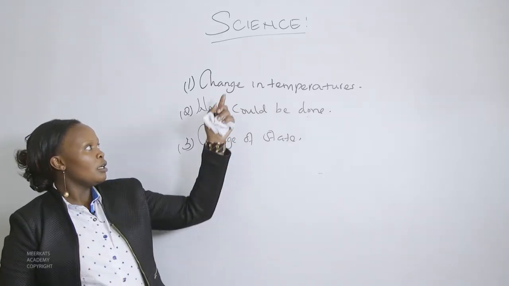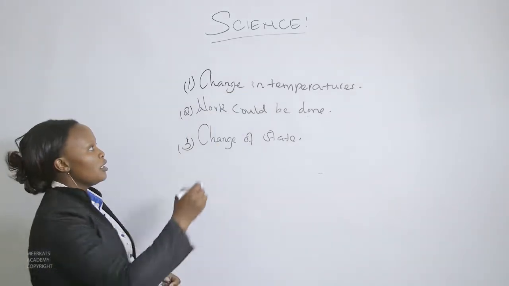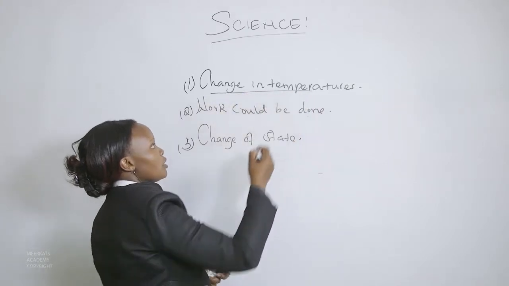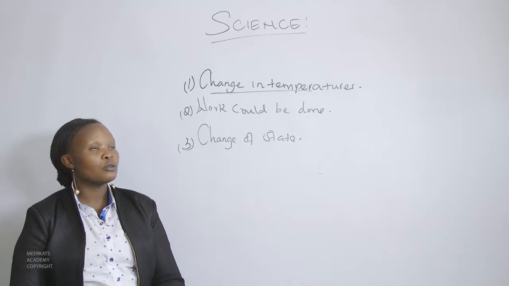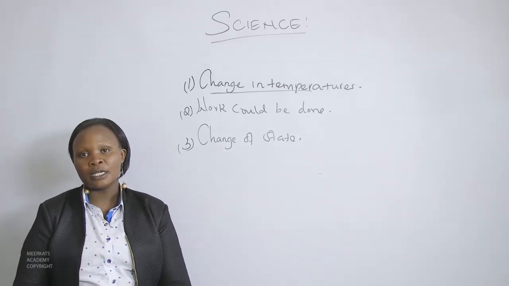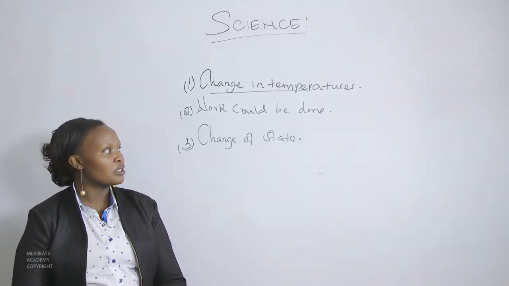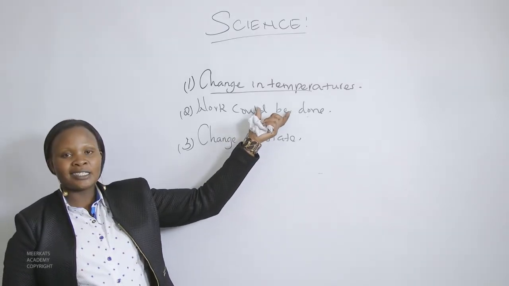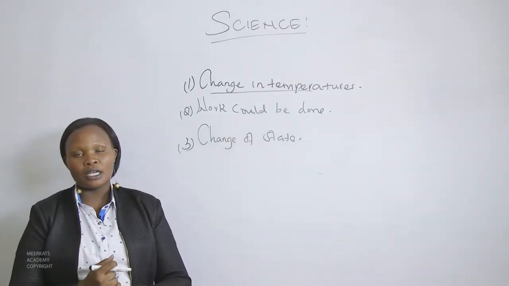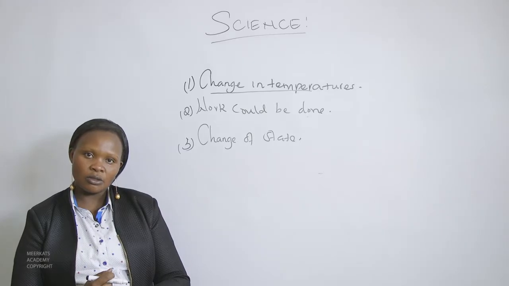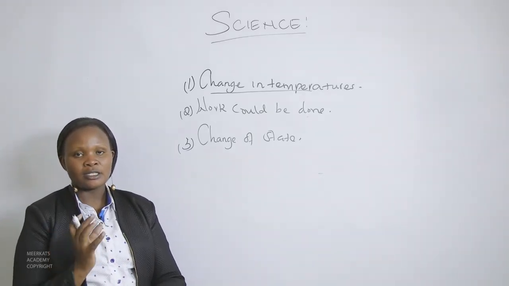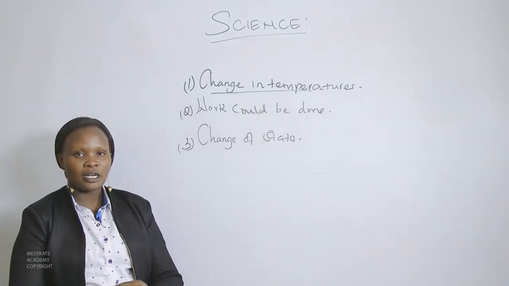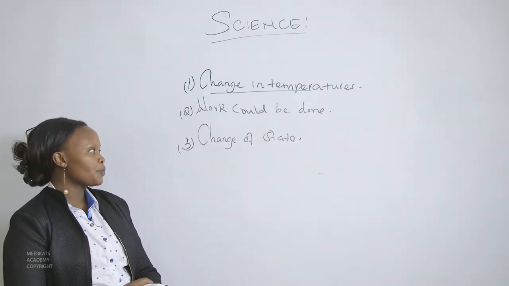Now, for the change in temperature, we have really expounded on that, and we have used change in temperature to calculate different parameters of our interest. The work done, we have already been able to accommodate in the electrical method, where we have said that the work done is the same as the heat energy that has been absorbed.